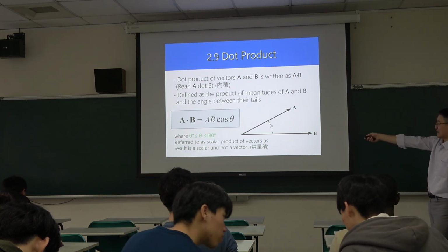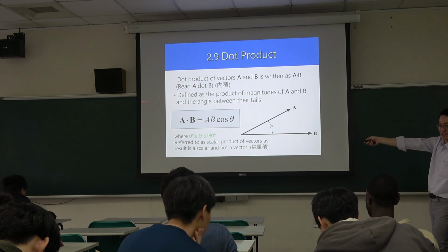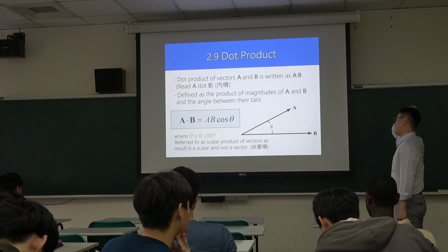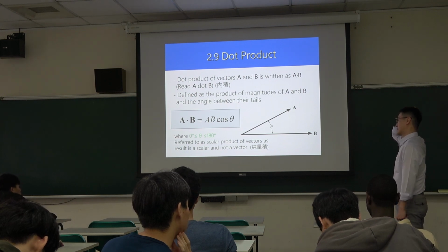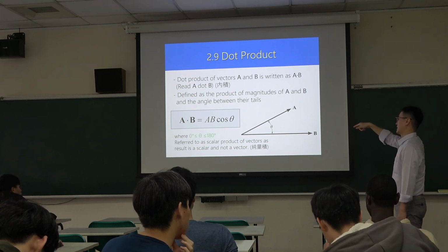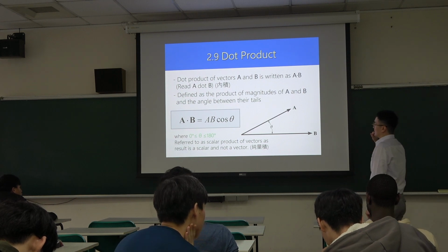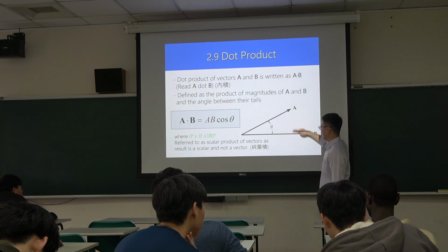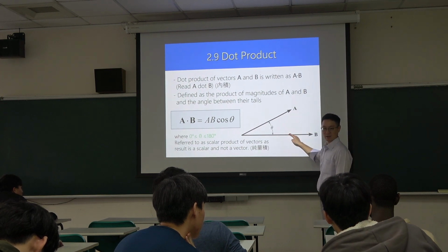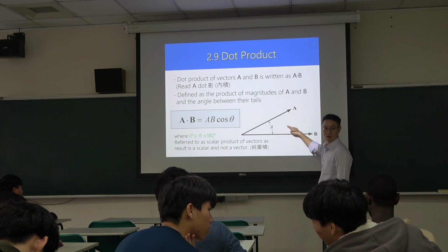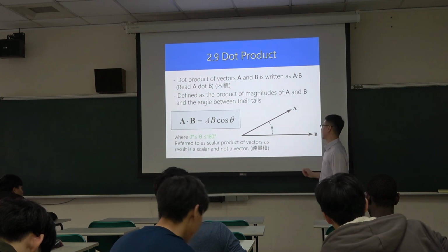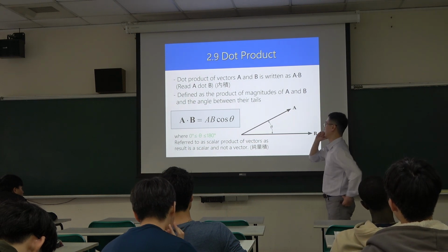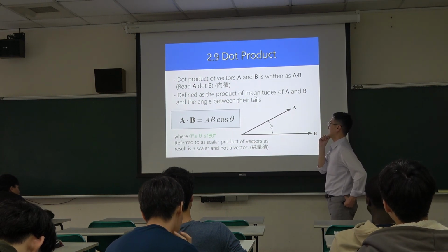Okay, the dot product concept is here. You can think about cosine. If here is a right triangle, if I link to a right triangle here.